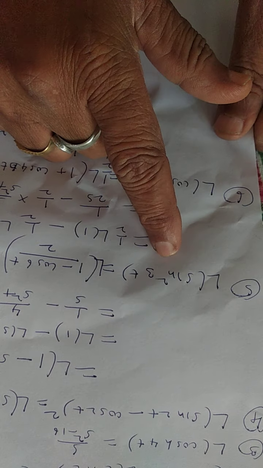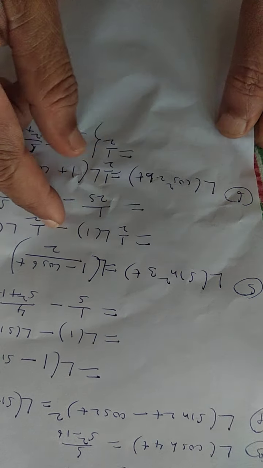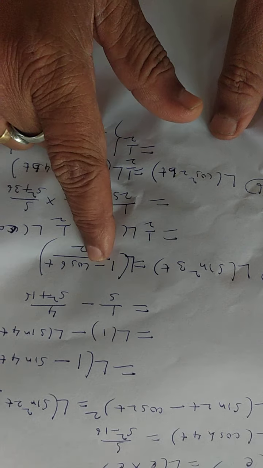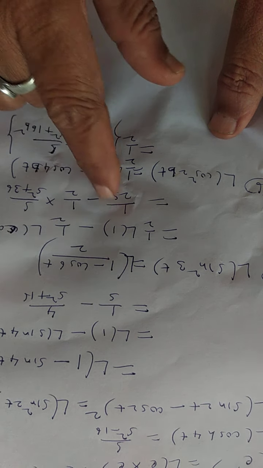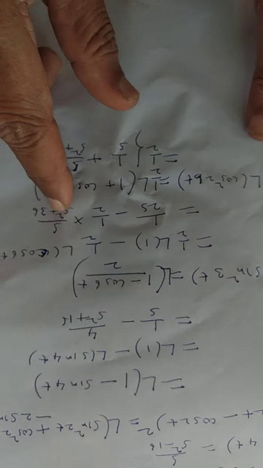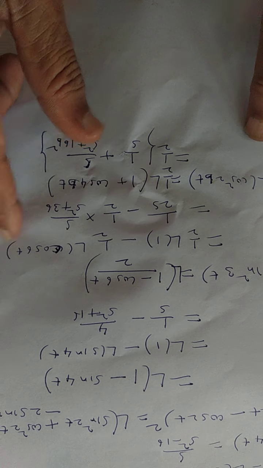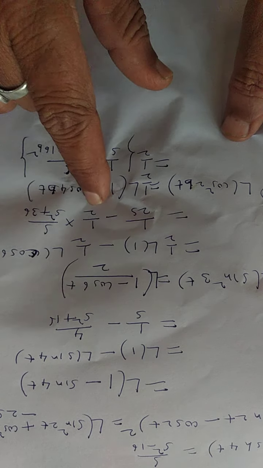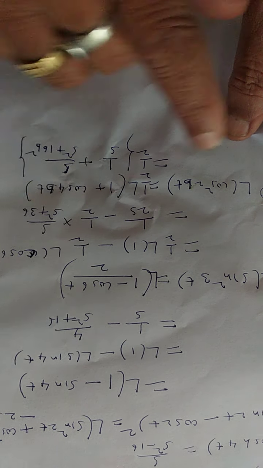Then Laplace of sine square 3t. Sine square is 1 minus cos 6t divided by 2, half Laplace of 1 minus half Laplace of cos 6t, that is 1 upon 2s minus s upon 2 into bracket s square plus 36.